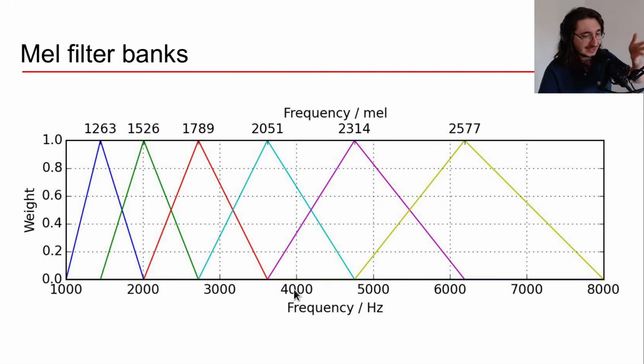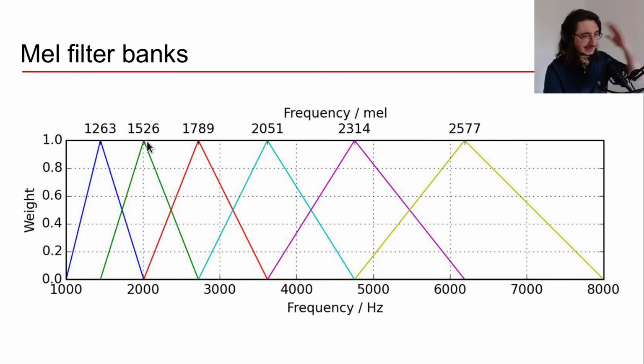That's the whole point, because with frequency expressed in hertz, when we go towards higher frequencies, we have to spread out the frequencies to have the same perceptual difference in terms of frequency distances. Okay, but now let's focus only on constructing a single triangular filter for one Mel band. So let's take this point, Mel band number 2 here.